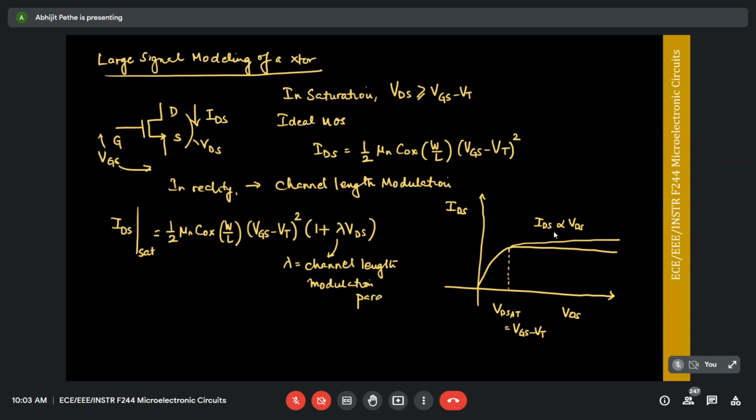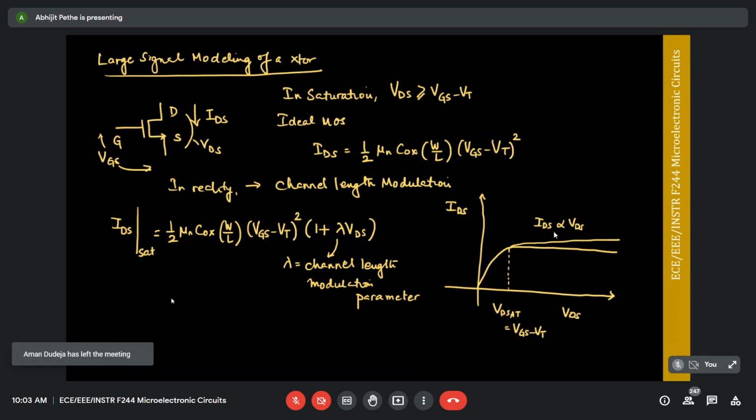So what we see therefore is, if you consider the MOSFET in saturation, what can you tell me the model of this MOSFET would look like? What happens because of channel length modulation in saturation? What does this transistor look like in saturation?